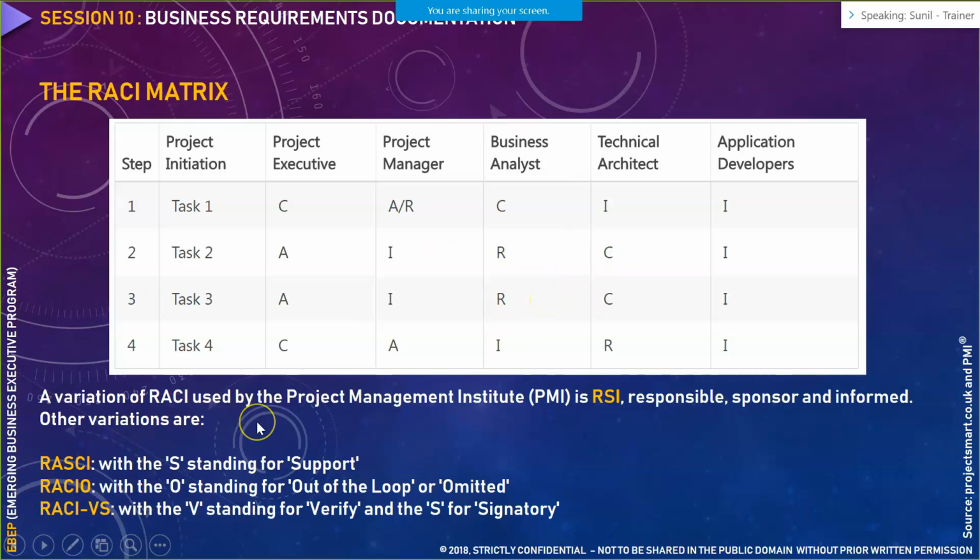Now there are certain variations in the RACI matrix as per PMI. There is also something called RSI, responsible sponsor informed. There is also something called RACI-PS. So these are some of the variations in the RACI matrix. But typically in a regular project scenario, we only use the RACI matrix in its simplest form.